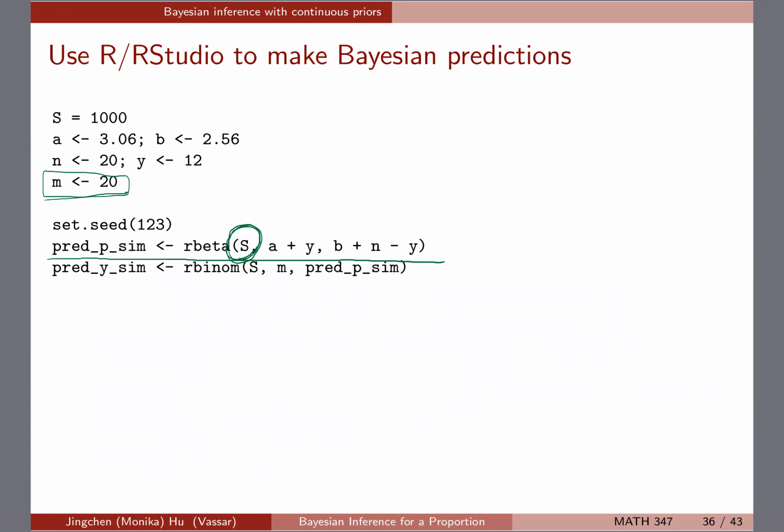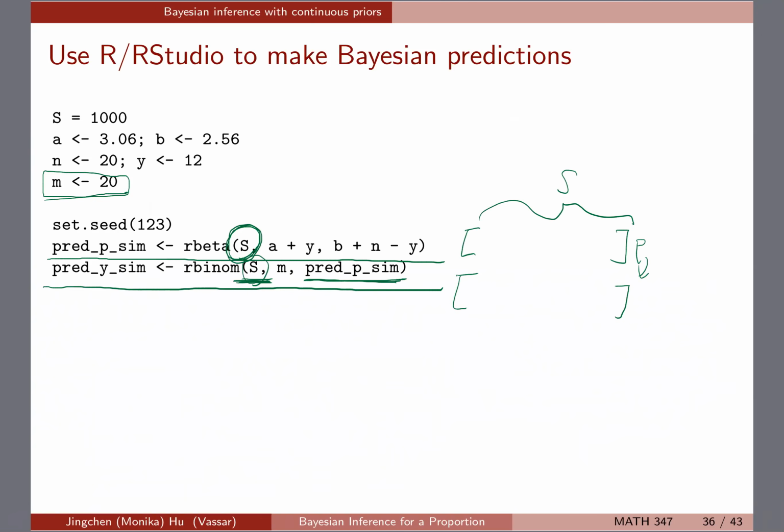Okay? And second of all, for each of these, that's the beauty of doing this vector manipulation in R, that if I initially have a vector of length S for p, and then I just directly input them into rbinom and specify the right dimension, I will get the same dimension for y tilde, okay?